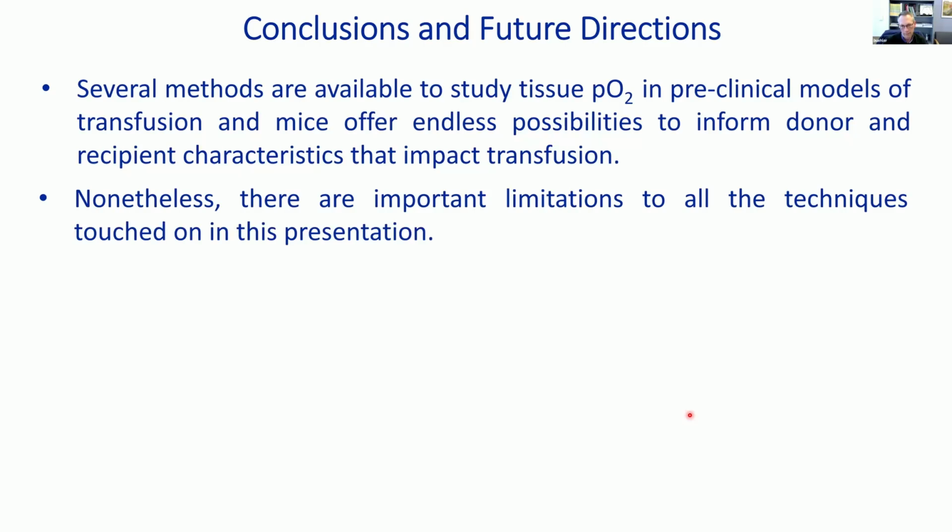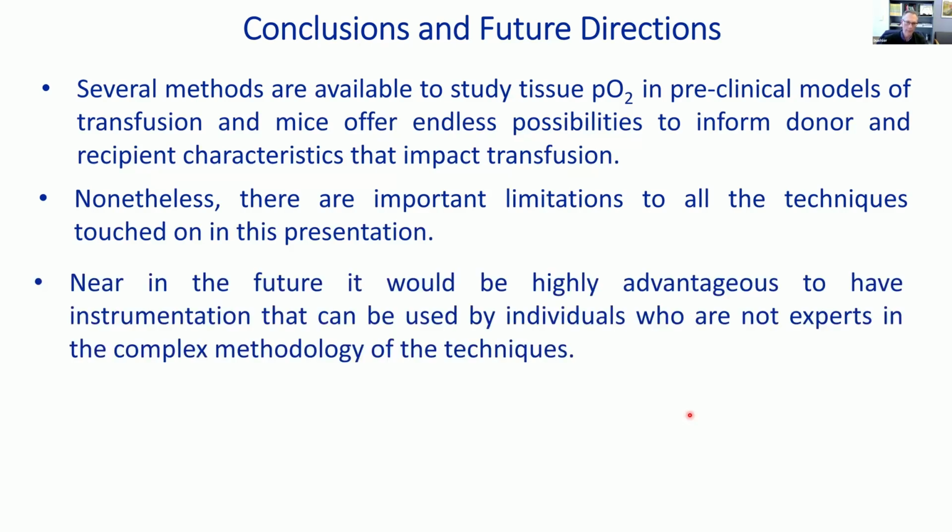So I think within the preclinical setting, it's working well right now, but I've talked to a lot of people who are working in research-based areas in transfusion, and what they want is something that can be used very easily with not a lot of back-end analysis necessary, with, say, co-registration of oxygen and anatomy.